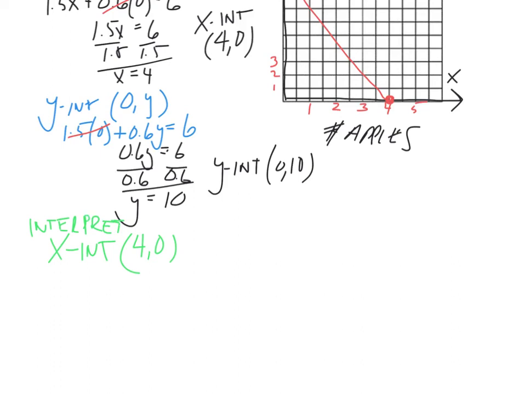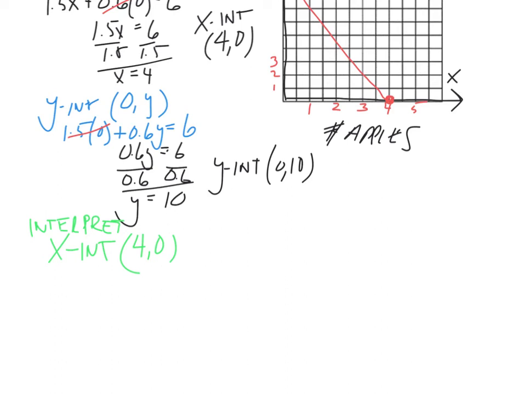I can use the numbers, but I have to explain what it means. Thinking of what the x represents: the x represents the number of pounds of apples. The y represents the number of pounds of bananas. And the overall equation is for how much I can buy for $6.